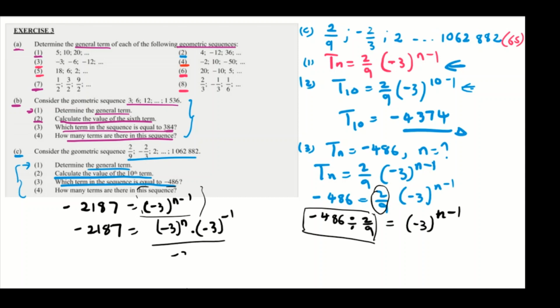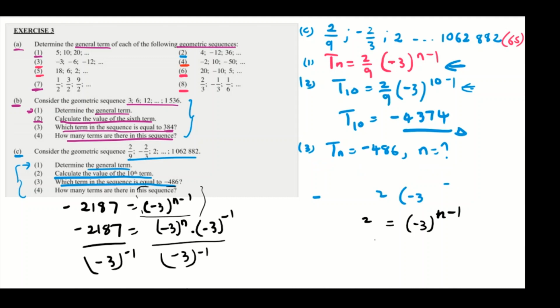Then you divide by minus 3 to the power of minus 1, divide by minus 3 to the power of minus 1, and this is what you need to get. So the answer here is going to be minus 6561 equals minus 3 to the power of n.